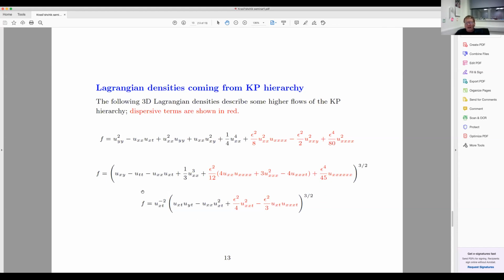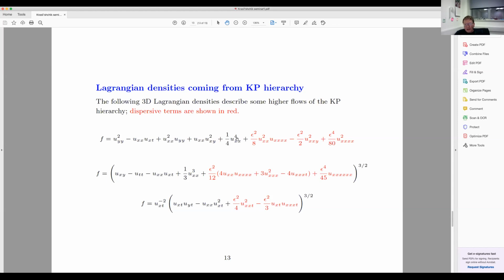It's just a different negative flow, right? So these examples show that it is an interesting problem, if you have a second order Lagrangian, to find its dispersive extension. Does it always exist? It's entirely open. In these particular cases, it does exist, but in general, we don't have such a statement.